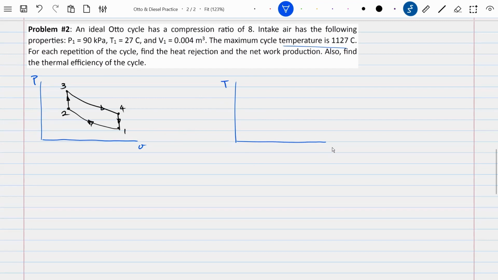So this is T and this is S. You are looking at an isentropic process from 1 to 2, a constant volume process from 2 to 3, an isentropic process from 3 to 4, and a constant volume process from 4 to 1. Now, when you look at the process this way, it is easy to see that T3 is the maximum temperature.